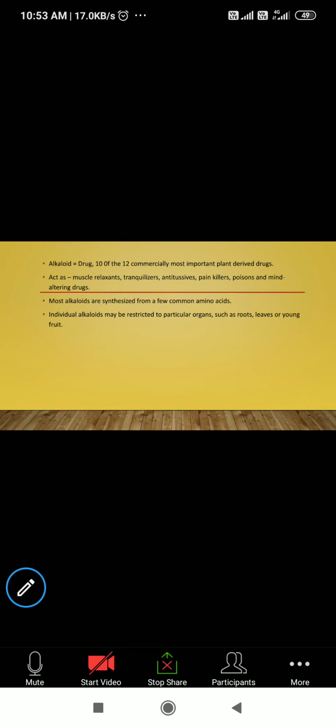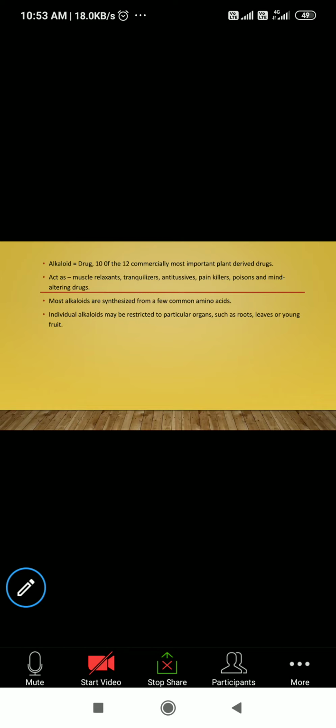Since then, these secondary metabolites have been known to humans.